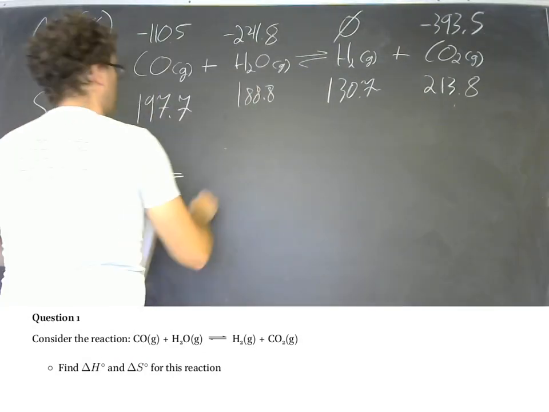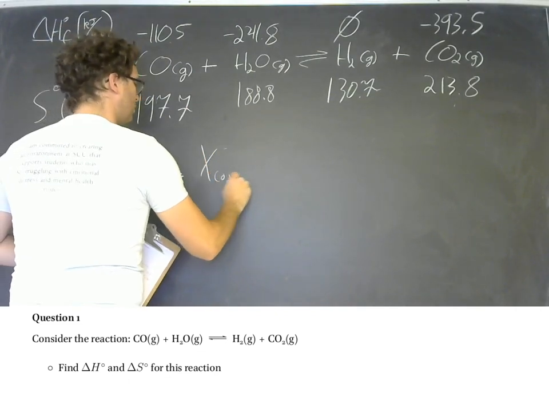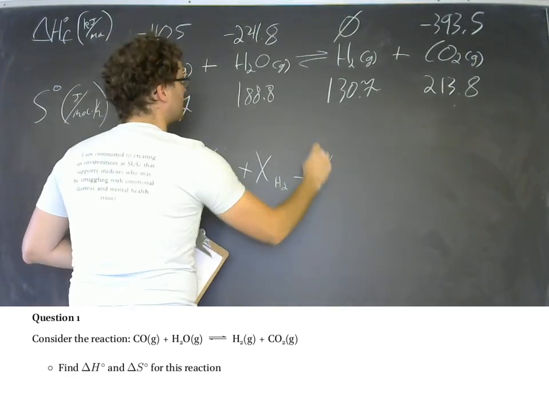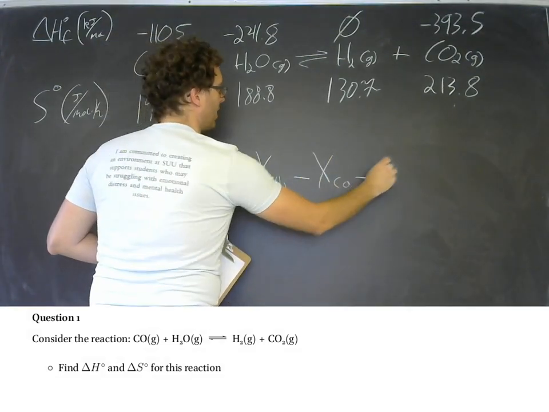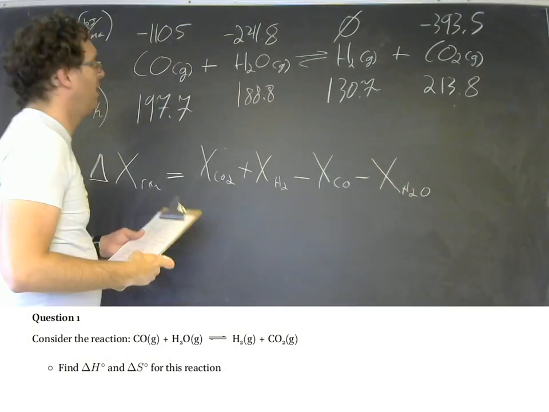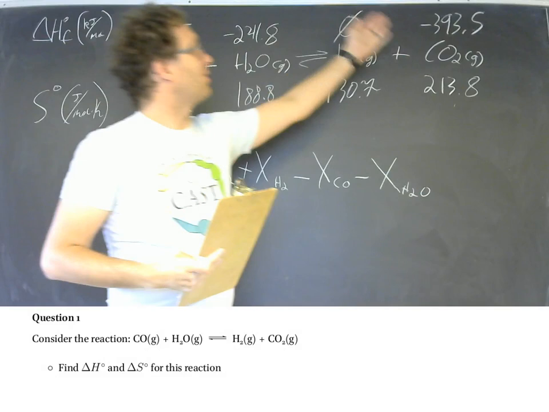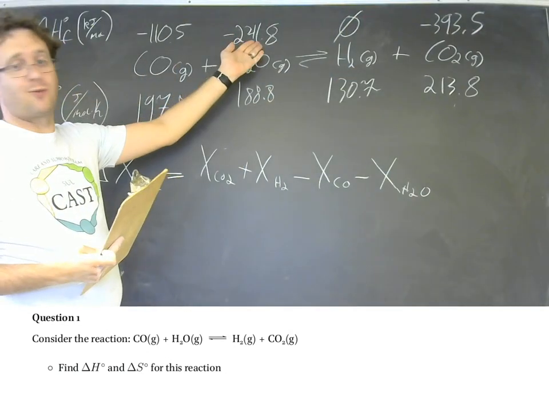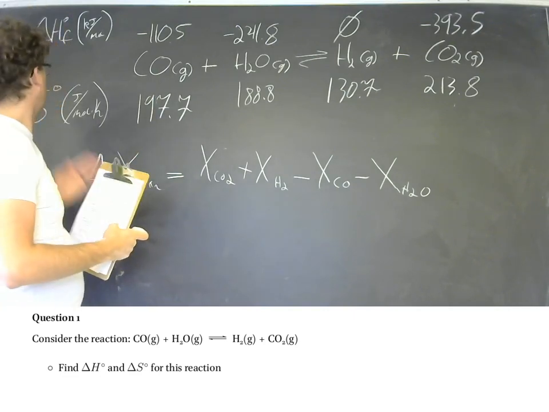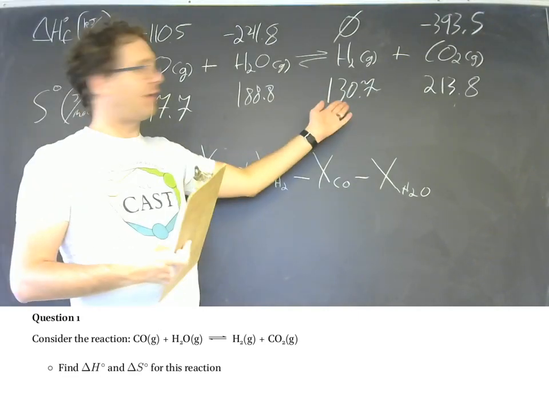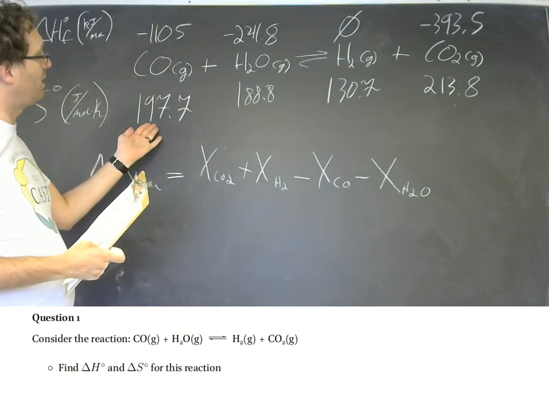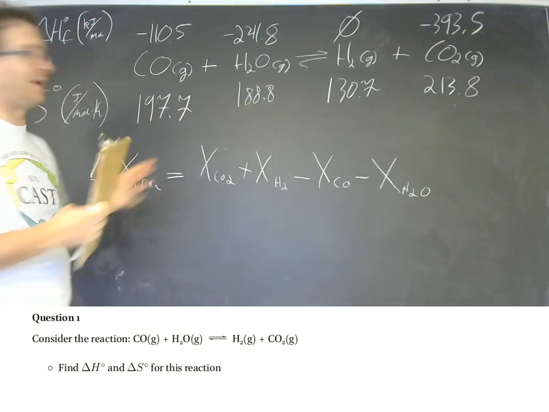This would be CO2 plus hydrogen minus carbon monoxide minus water. So for enthalpy, I would take negative 393.5 plus 241.8 plus 110.5. For the entropy, I would take 130.7 plus 213.8 minus 197.7 minus 188.8.